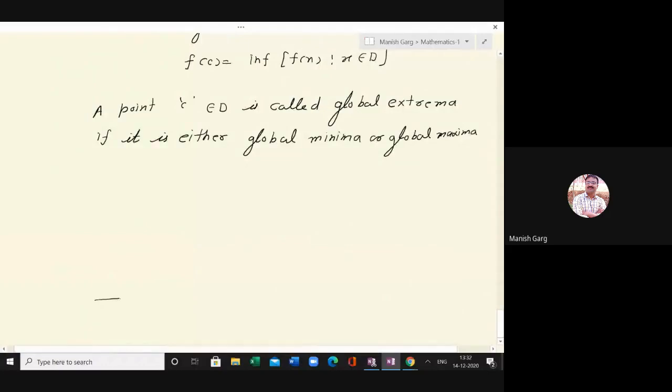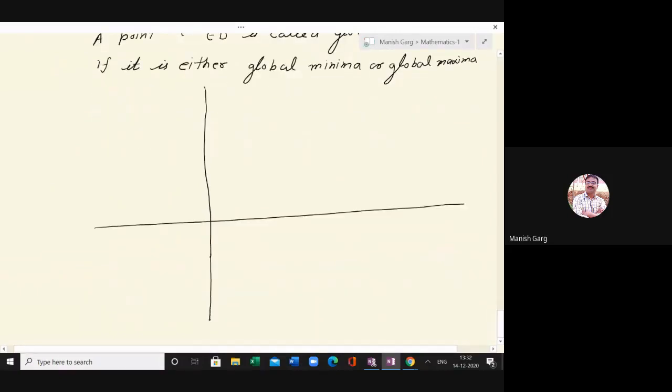Let us see. Suppose you have this type of picture. This is a function f.